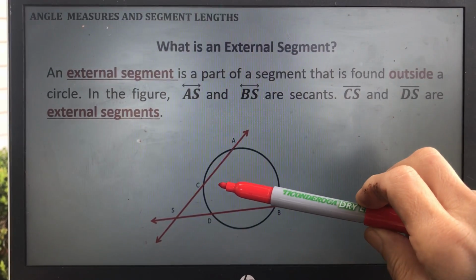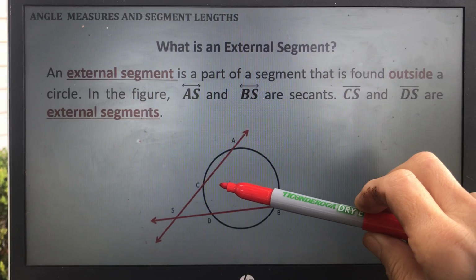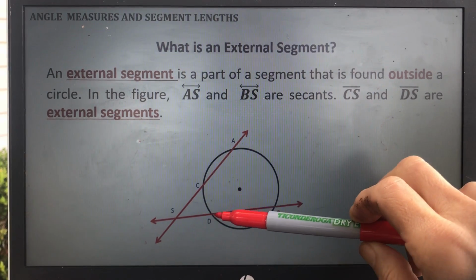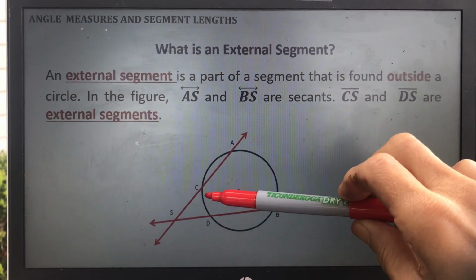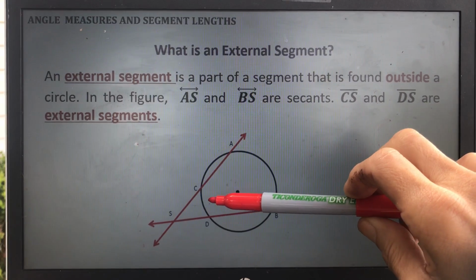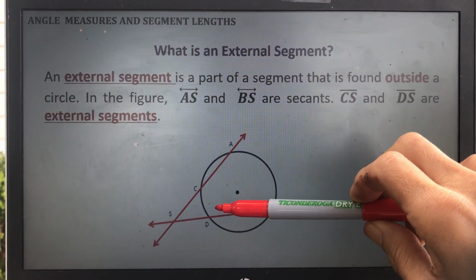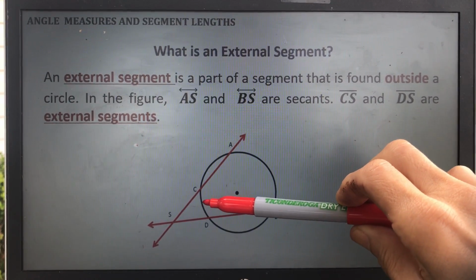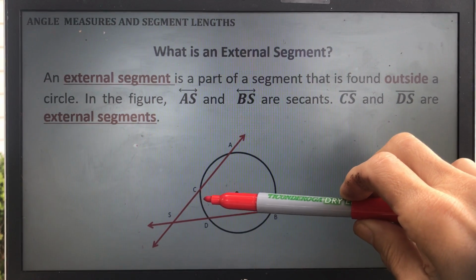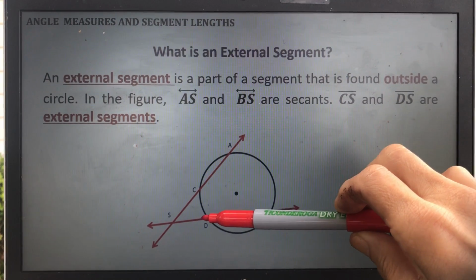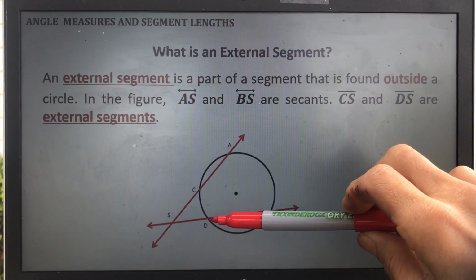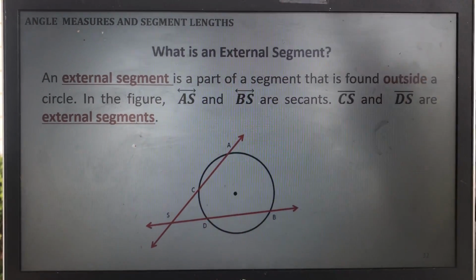Now, notice here that we have line segments CS and DS, and both line segments are part of the two secants respectively. By definition, line segments CS and DS are said to be external segments because they are segments outside of the circle.